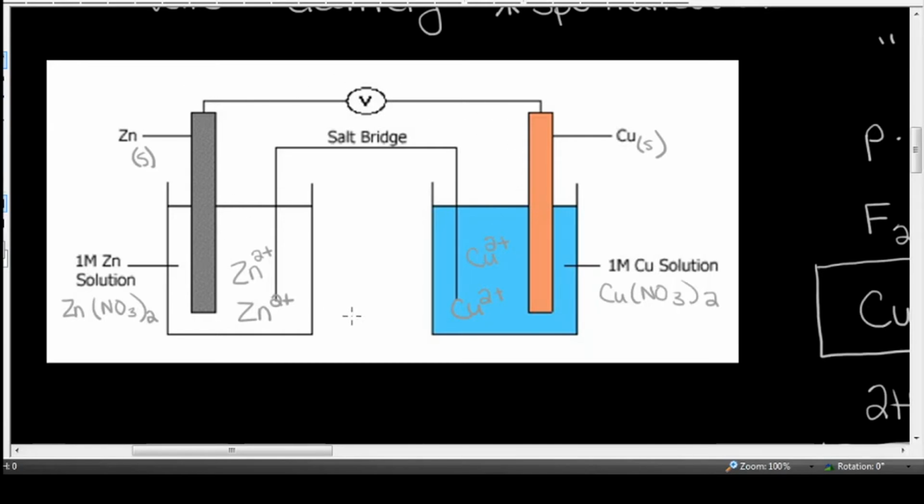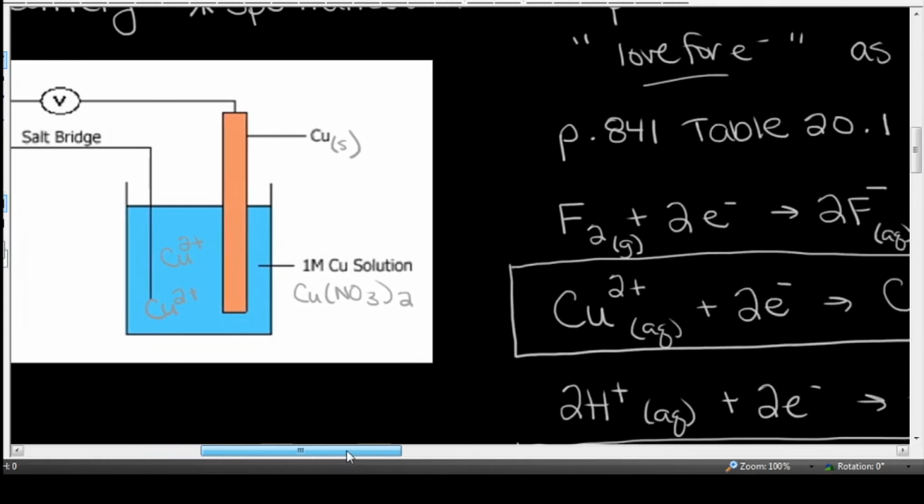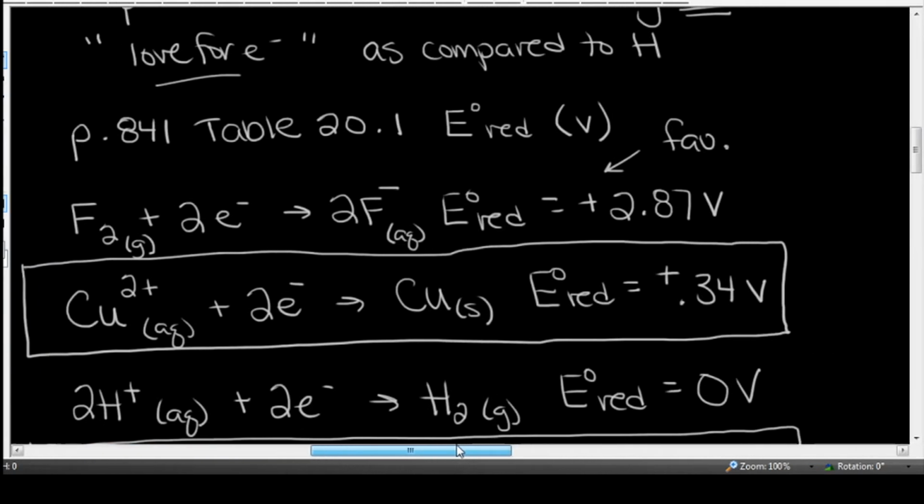So when I look at this setup, I need to ask myself, which one of these metals is going to lose electrons and which one is going to gain electrons. To figure that out, we need to look at the reduction potentials that we were talking about on page 841.